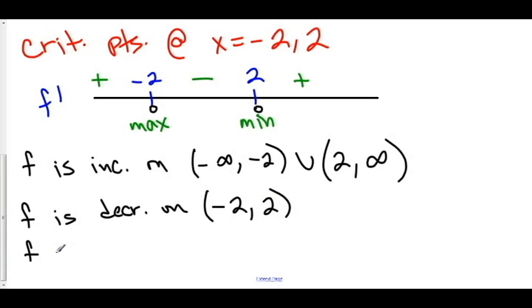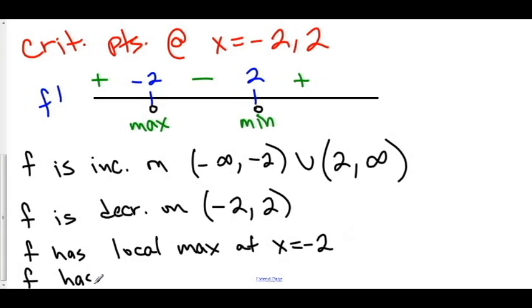F has a local max at x equals negative 2, and f has a local min at x equals positive 2.